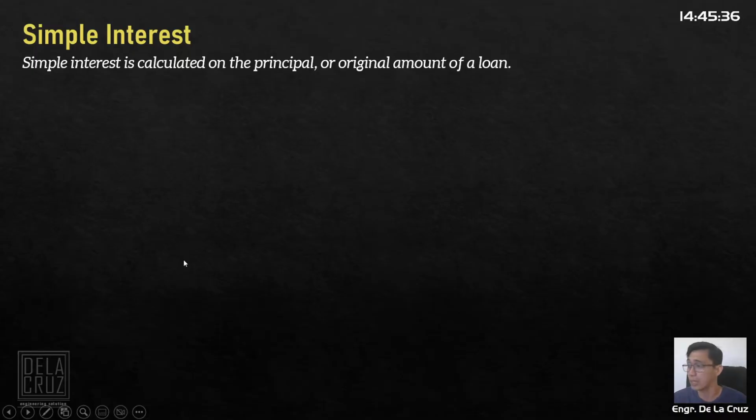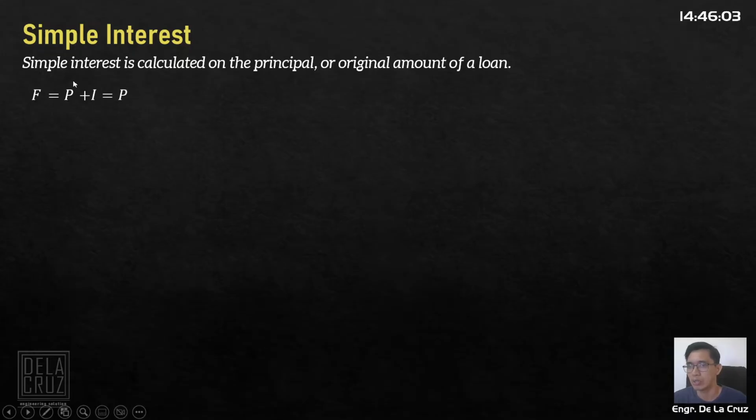Anyway, yung tubo o yung pera natin, after natin siya nilagay, say, sa bangko na merong simple interest rate, initially, from the principal value, tutubo siya ng interest I. Ang concern natin dito, how to calculate the interest for the simple interest rate.